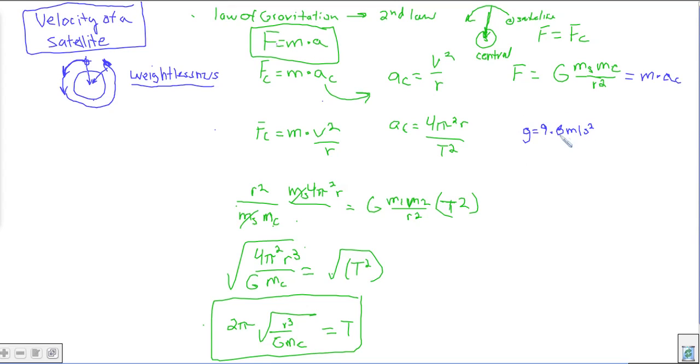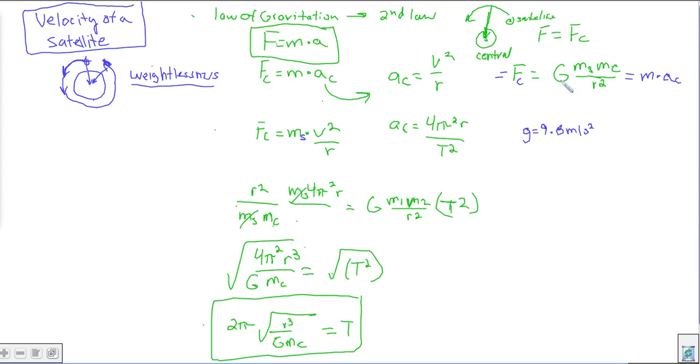So if you look right here, we have already derived that the centripetal force equals the mass of the satellite times the velocity squared divided by the radius, right? And we also know that equals the gravitational force, because the centripetal force and this F right here are essentially the same thing.